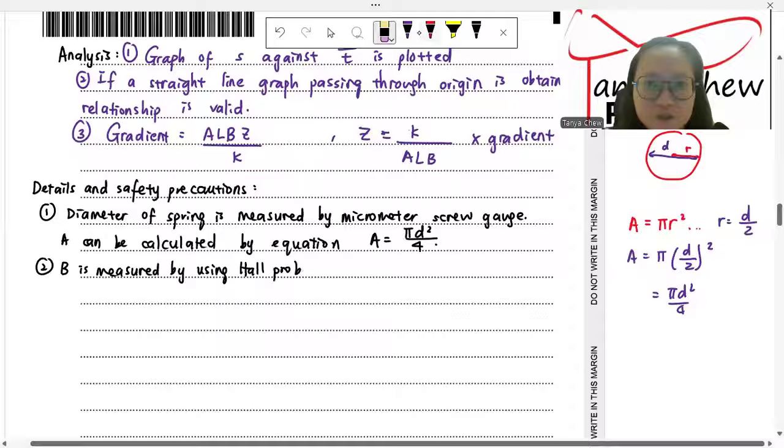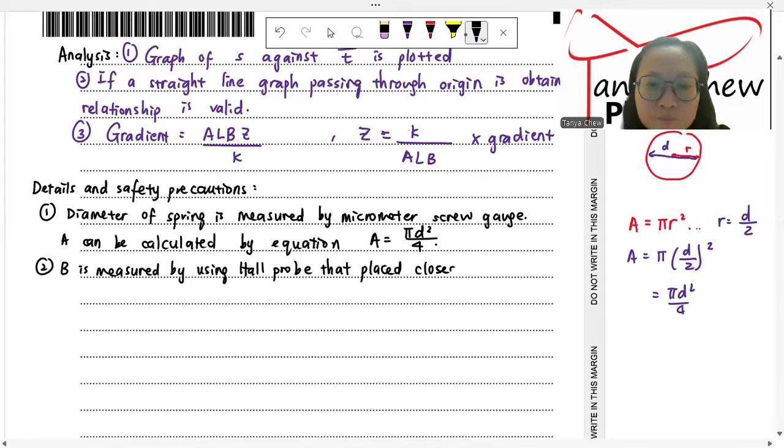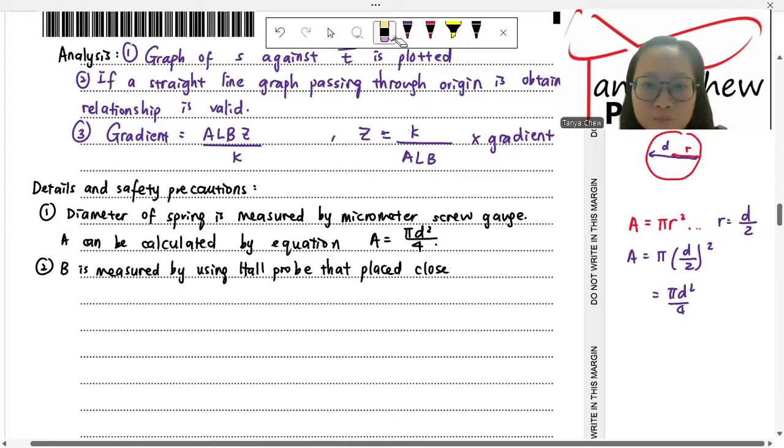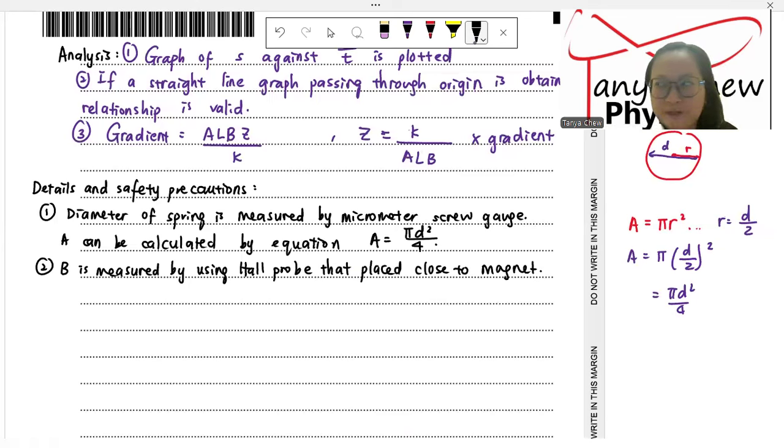I place it close to the magnet because I want my reading to be maximum. But how do you know that it is the maximum reading? Because the Hall probe must be perpendicular to the magnetic field of the magnet.